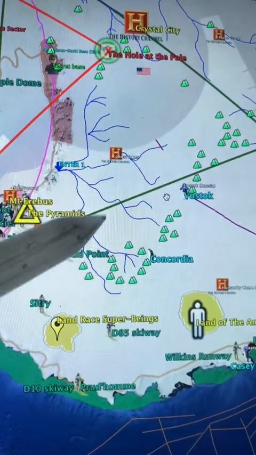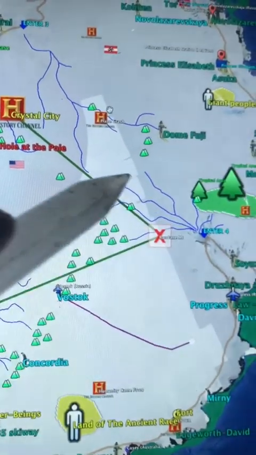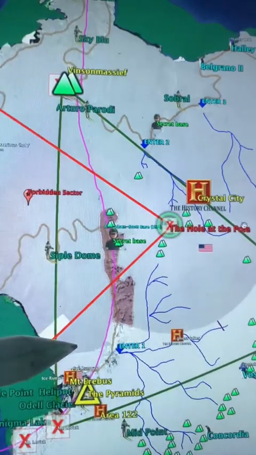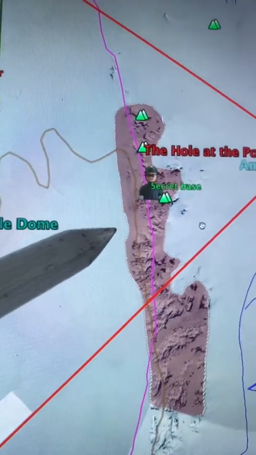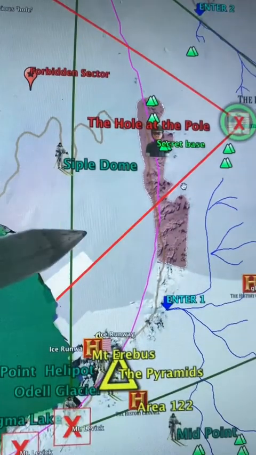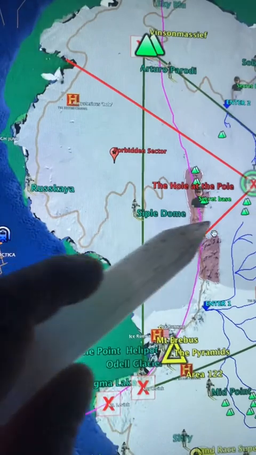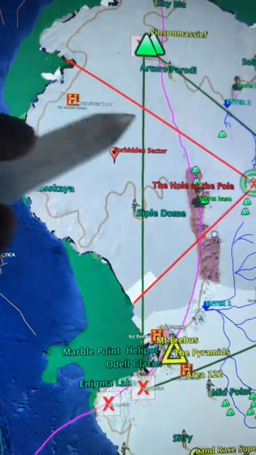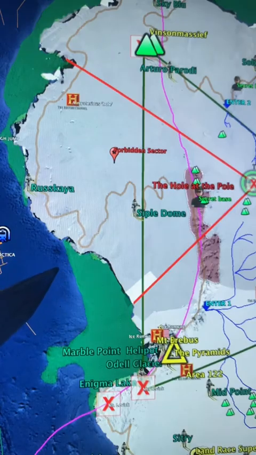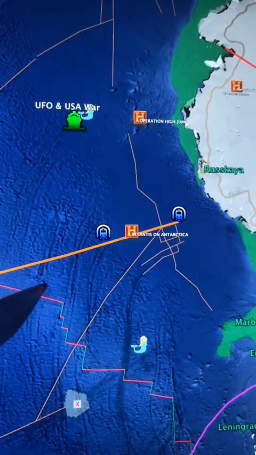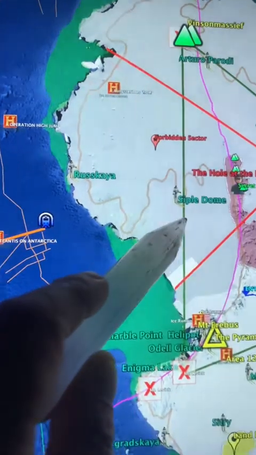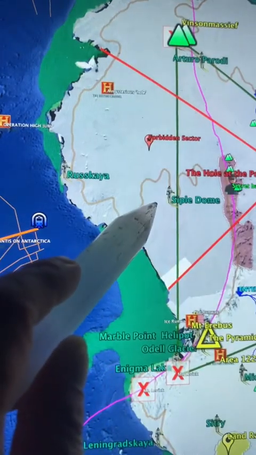You have the old rivers that we have found. And here is very interesting. This zone in Antarctica is a no-fly zone. Okay? And very interesting, one of the subways from the alien bases comes into this zone.